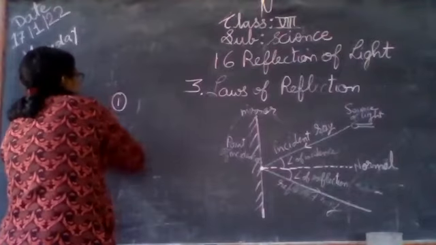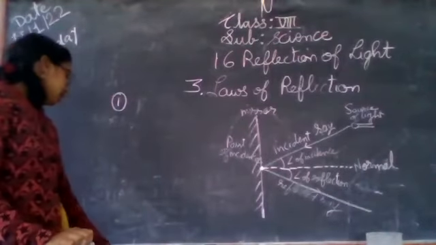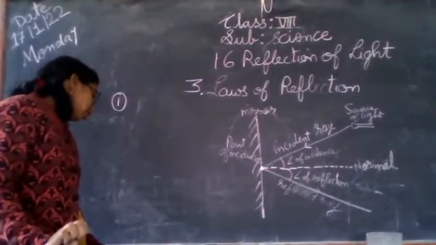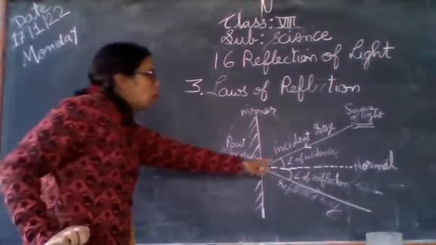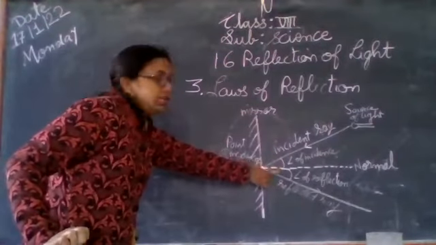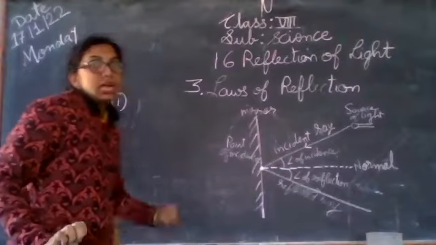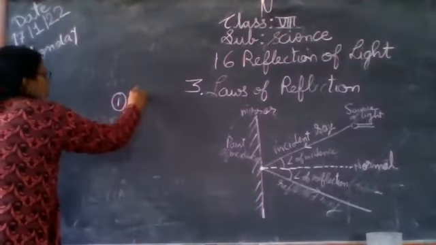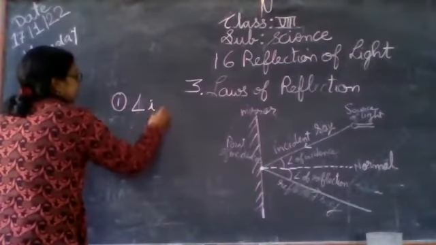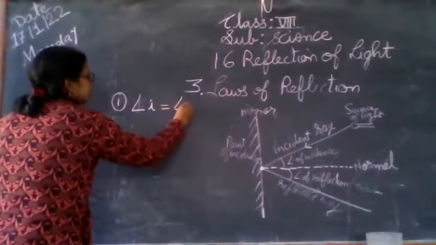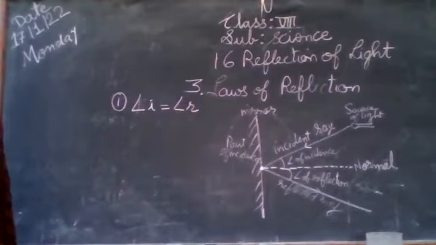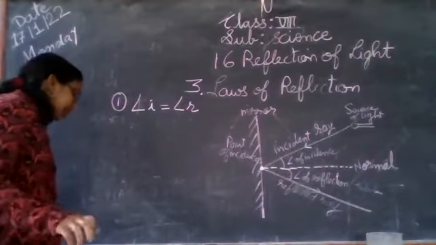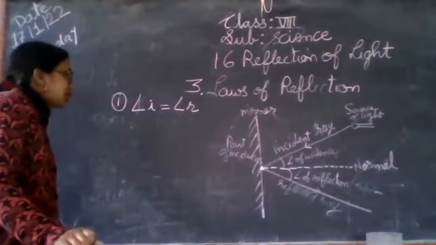The first one, if you see, is that the angle of reflection is always equal to the angle of incidence. These angles are always the same. So, angle of incidence is always equal to angle of reflection. This is the first law of reflection, and that too for a smooth surface.